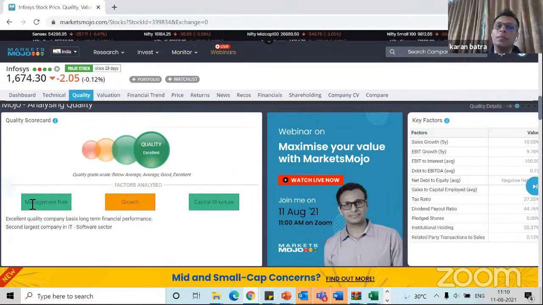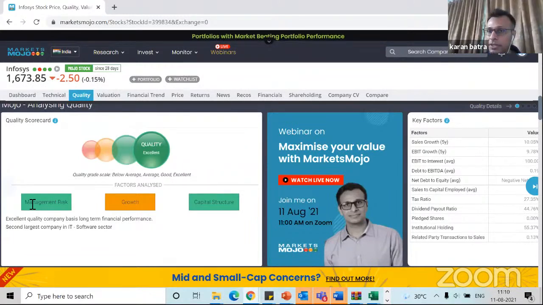Now, people say, how can you measure management risk? Because for that, you have to go and meet the management. You have to know who's behind the company. No, what we believe is, if the management is good, it will reflect in the numbers of the company. So if the management is good, the company will grow efficiently, consistently. It will score high on efficiency numbers, like the ROEs, the ROCEs of the company.